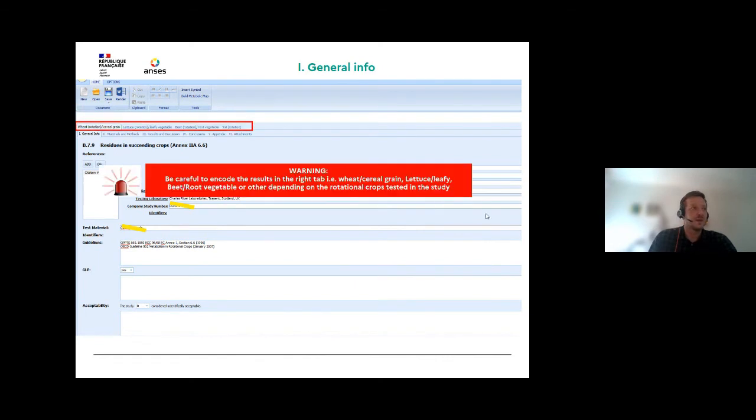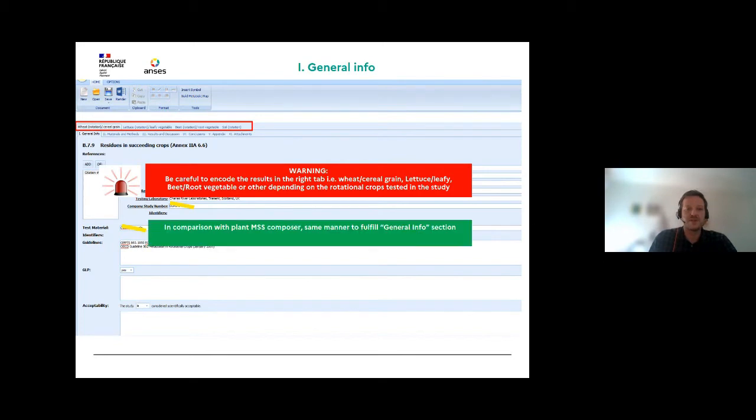So let's take a view of the first tab, general information. Here, be careful, you only have to inform this for the wheat crop. But the manner to inform the data is globally the same as we saw on Monday on the MSS plant composer. So one citation is for one study report. If you have several reports, you can add citations.